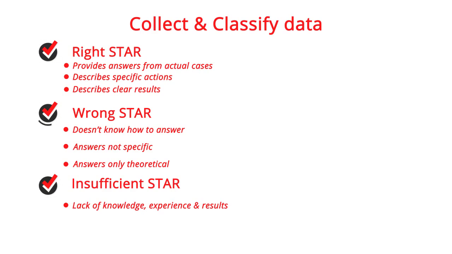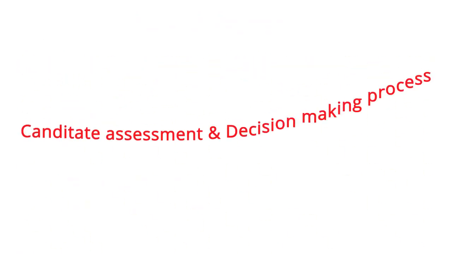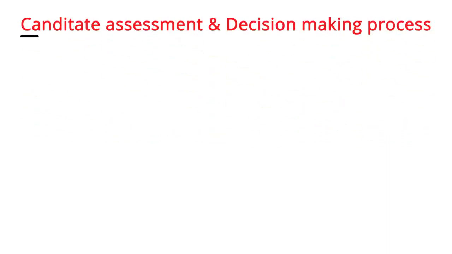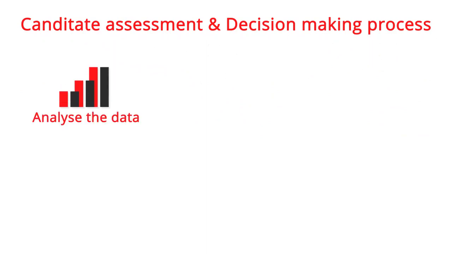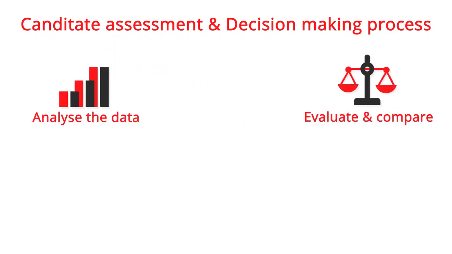Lastly, it will help you to easily make a final decision when, for instance, for the same star question, different candidates give different answers. So how do we then assess and make a decision? After collecting the data and classifying the stars, the first thing you need to do is to analyze the data you have. You then evaluate and compare the data and ultimately make a decision.